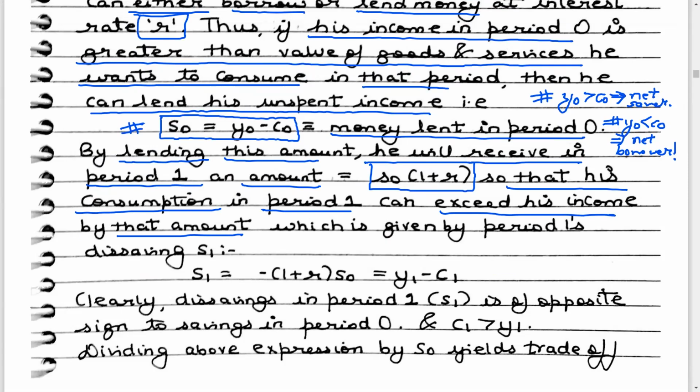Since you have saved your income in period 0, it allows you to enjoy consumption over and above your income in period 1. Another way of saying it is that since you are saving in period 0, you are dis-saving in period 1. That means your savings in period 1 are negative.